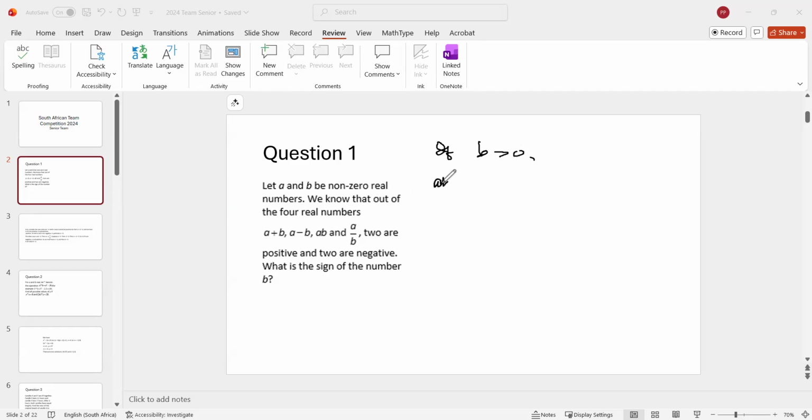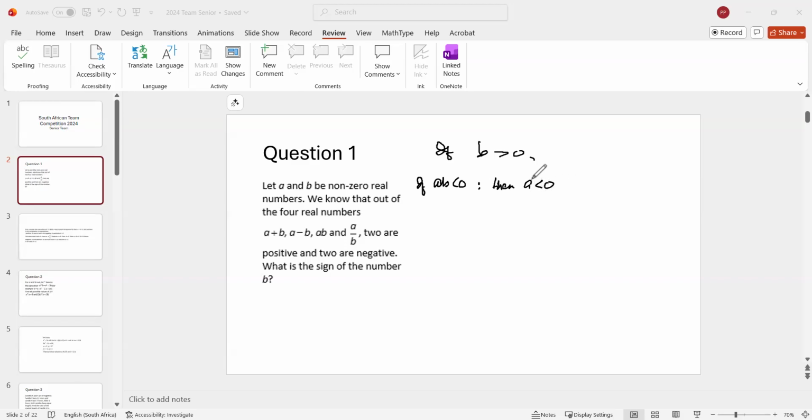AB is negative. Oh, it does improve it. Right. If AB is negative, B is positive, then A is negative, product of.